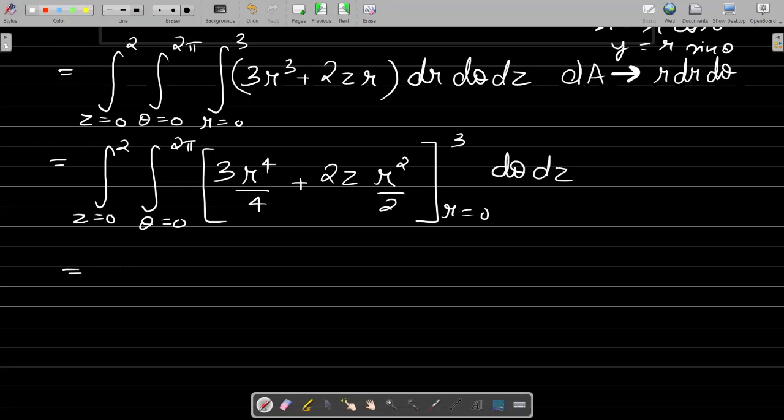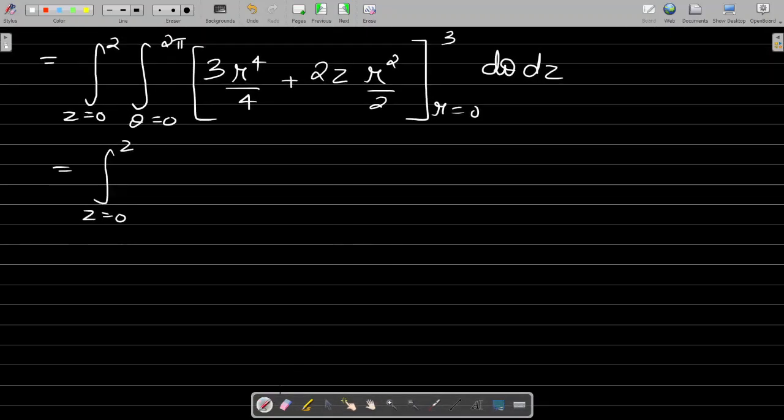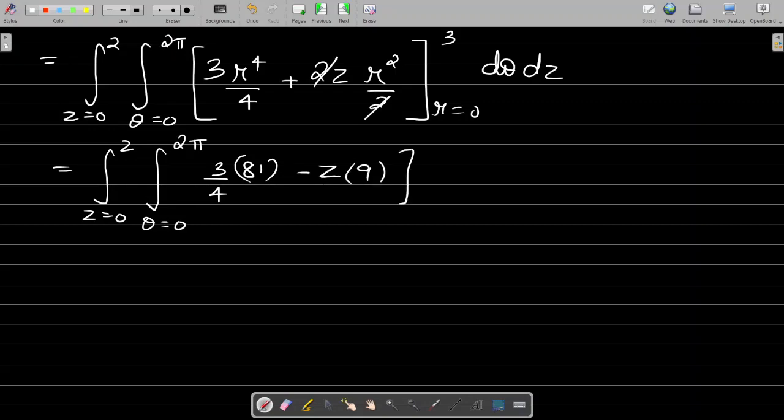So you'll have z equals 0 to 2, theta equals 0 to 2 pi, 3 by 4 into r to the 4, which is 81, and the 2s cancel, so z times r squared is 9z, and then d theta dz.